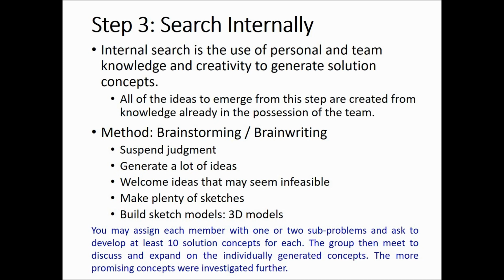And one method is, of course, you could ask each member to come up with at least 10 solutions for each sub-function, and then you can get together and come to an agreement about what are the best ideas. Then you can sit together and analyze these different ideas coming from different members and come to an agreement about promising ideas to study further in this analytical process.